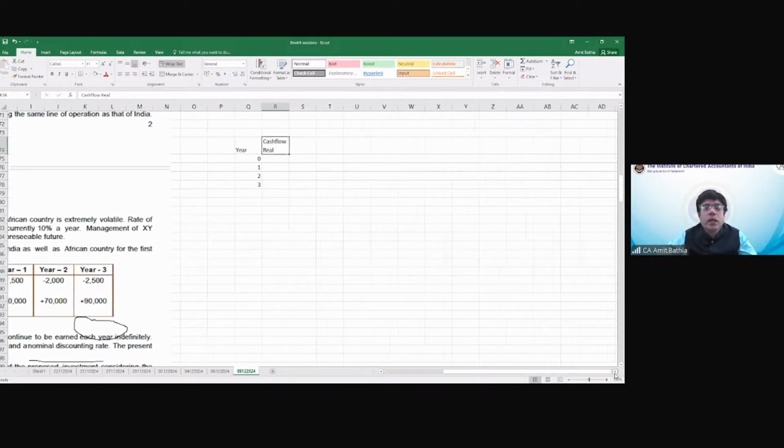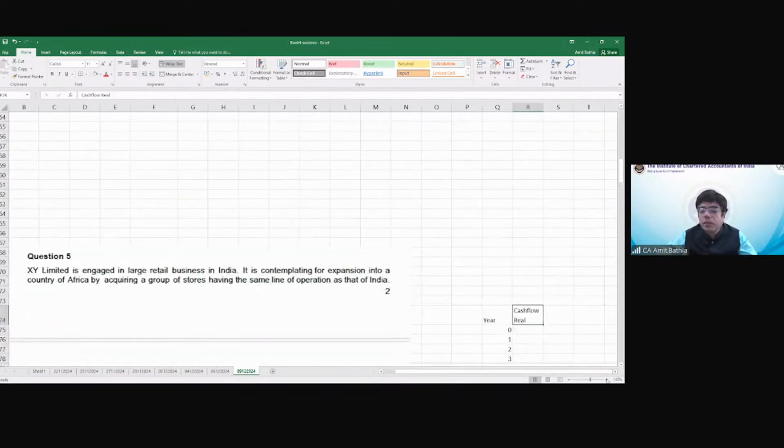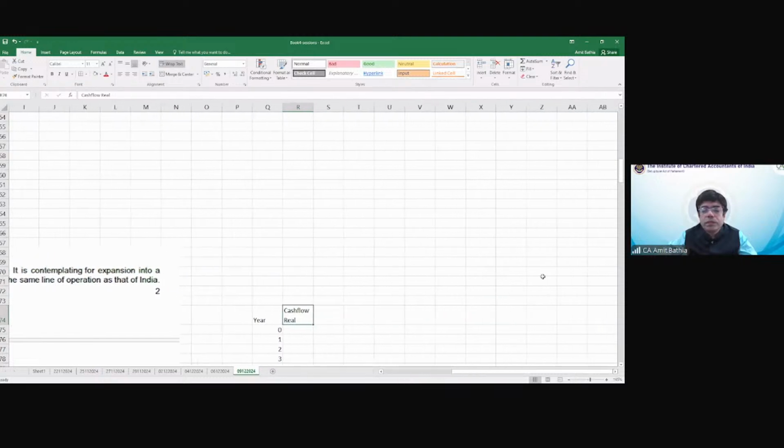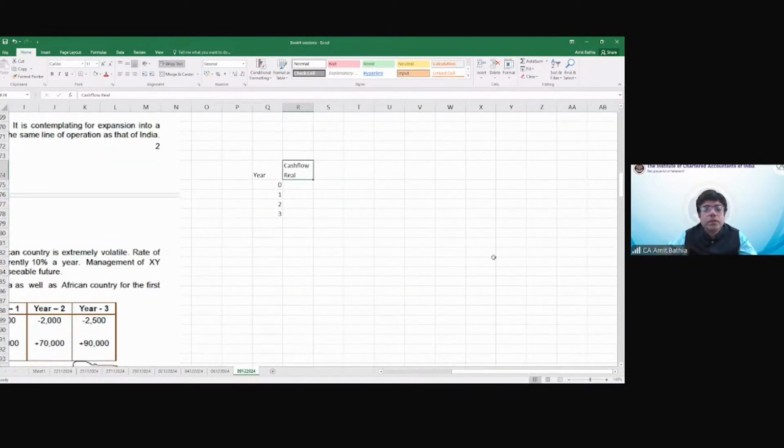I hope this will be better visible as such, right? This is cash flow, the real cash flow. So that is, we are talking about African rands. Okay.